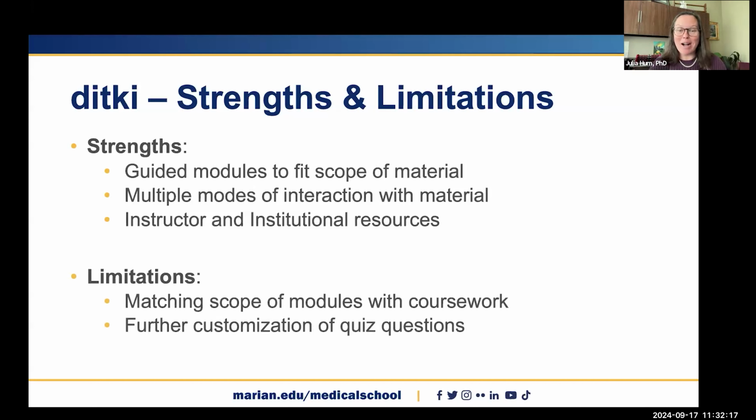A couple limitations that we've found workarounds for would include matching the scope of modules with coursework. We've all seen, in designing curriculum, sometimes you go into more detail or less detail than a given module. So the way I get around that is just by putting that on Canvas.